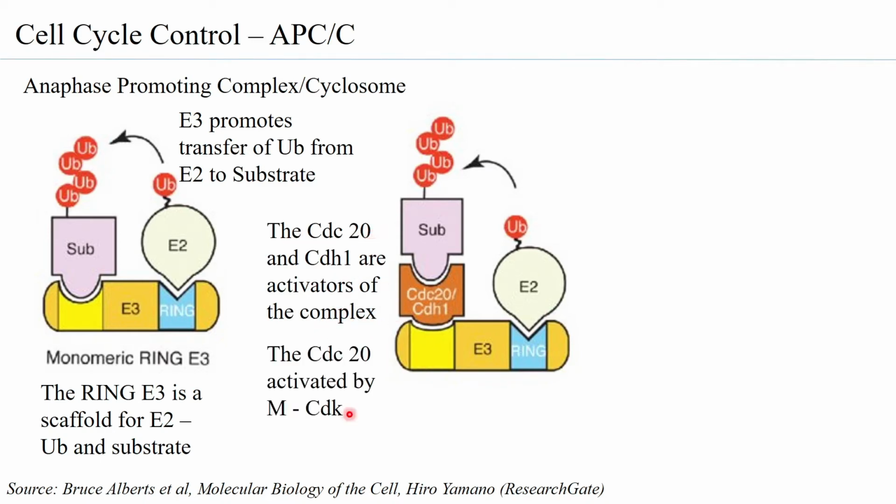Now this CDC20 is activated by the MCDK itself. We all know that MCDK is getting active at the G2 to M transition phase. So that transition point, that checkpoint, is where the MCDK is going to increase, and this MCDK is phosphorylating CDC20, and this phosphorylated CDC20 is an activator for the E3.